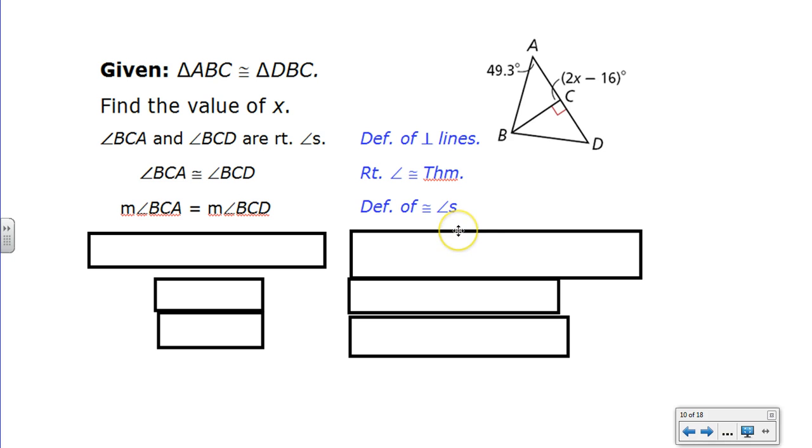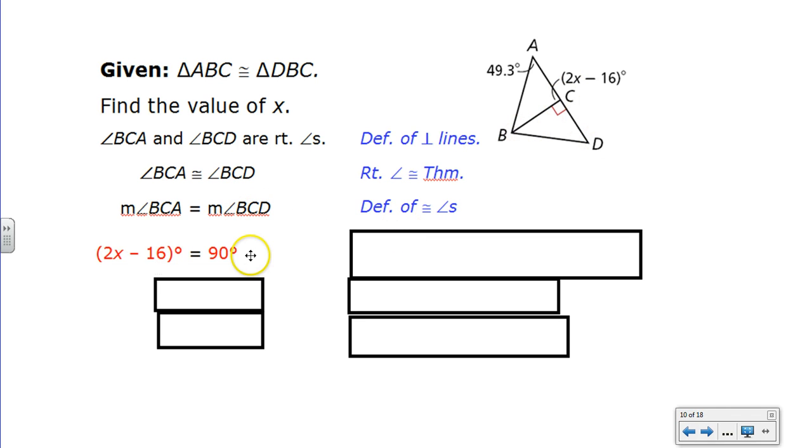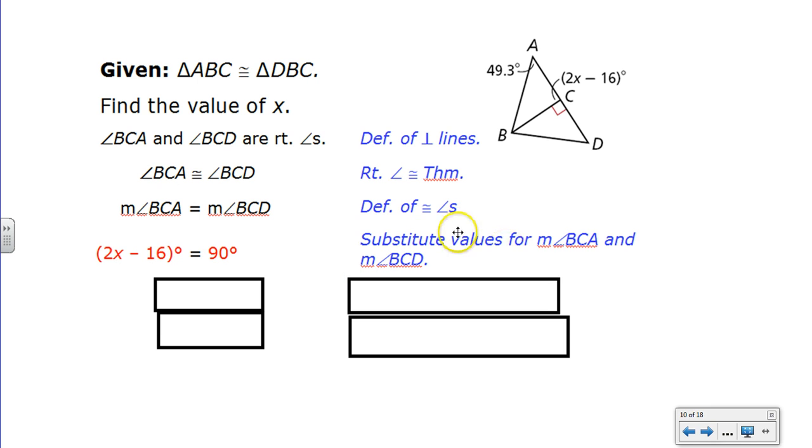The measure of BCA must then equal the measure of BCD, and that's based on this congruency, isn't it? Definition of congruent angles. So, do we know either of these angles? Yes, we do. We know BCD, don't we? And so we can say that BCD is 90, and we have an expression to represent BCA. We can now set those equal, and we can do this because of our substitution. So now we will isolate x. Let's see how they did it.